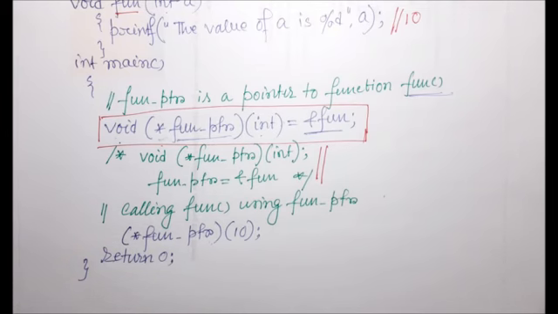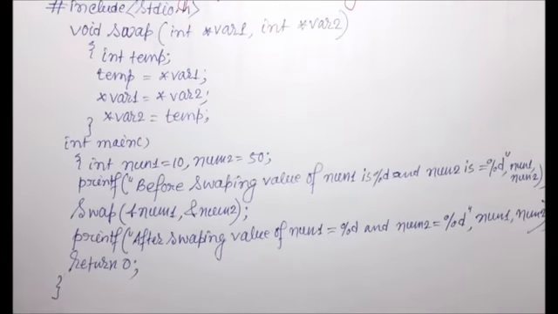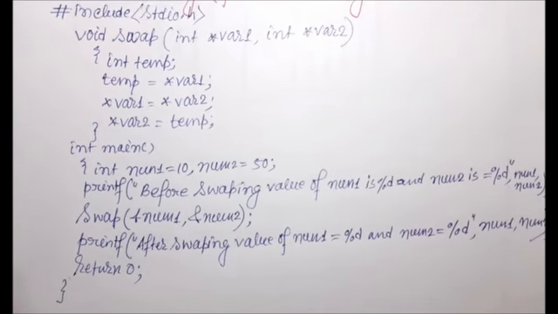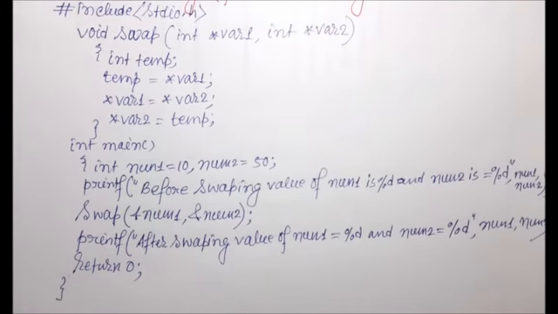So I am taking the same example, swapping two numbers. I have already mentioned in the last lecture how to interchange the values of two variables by using pointers. Here I am doing the same program, the program name is the same and the logic is the same, but here I am using a function, because the last example did not use a function.